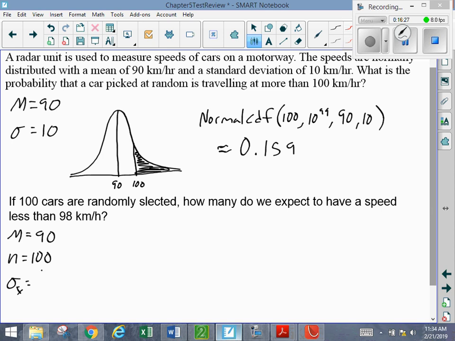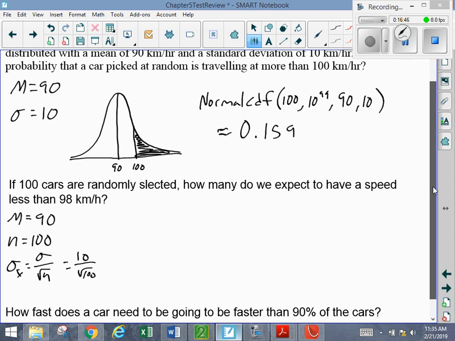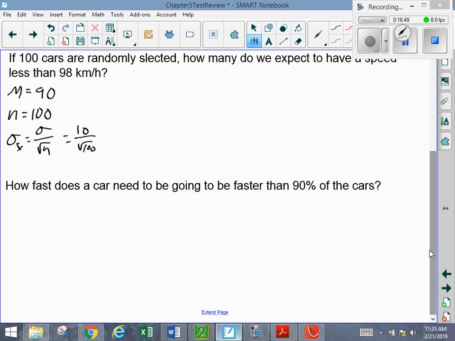We're going to have to calculate, remember, that's your standard deviation divided by the square root of your sample size, which in this case is 10 divided by the square root of 100. This is 1, right? 10 divided by 10.